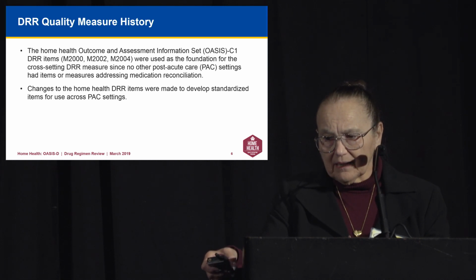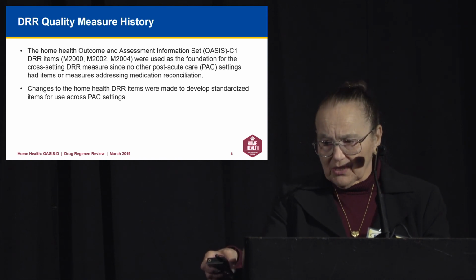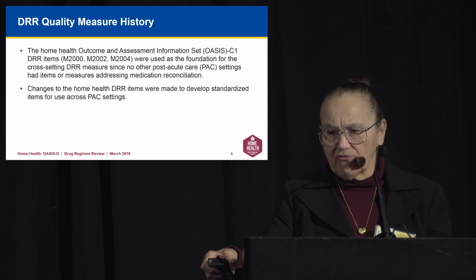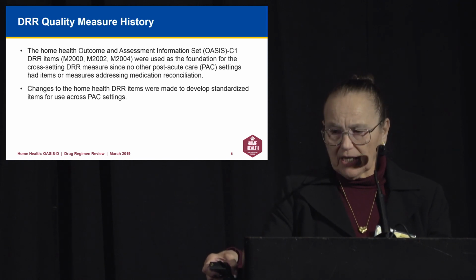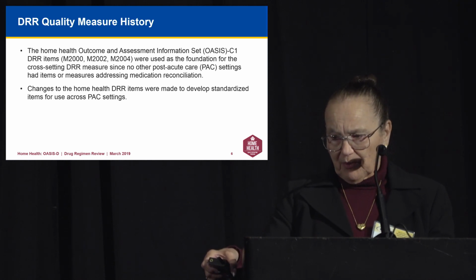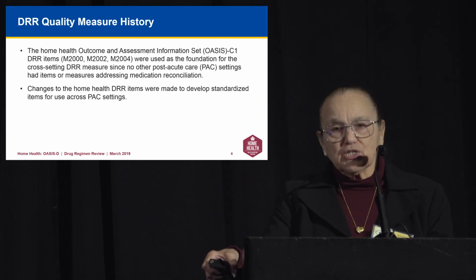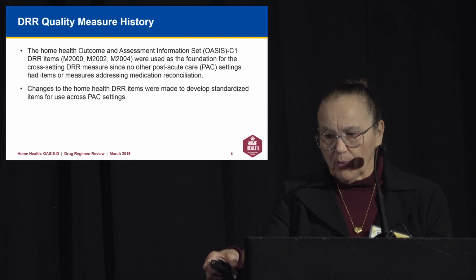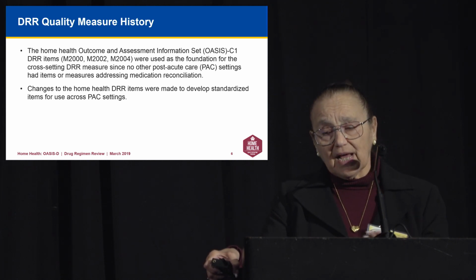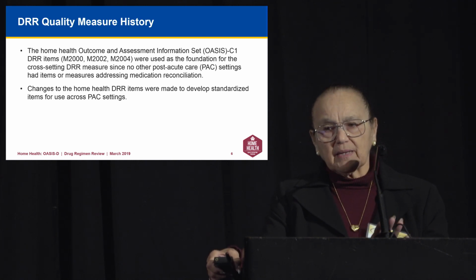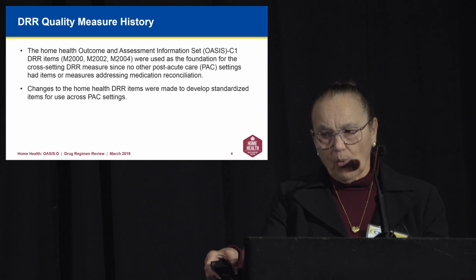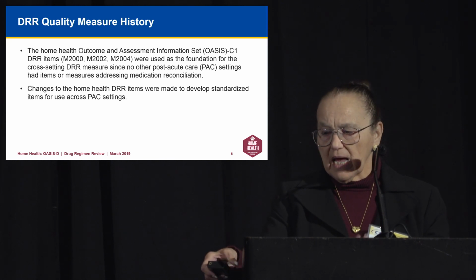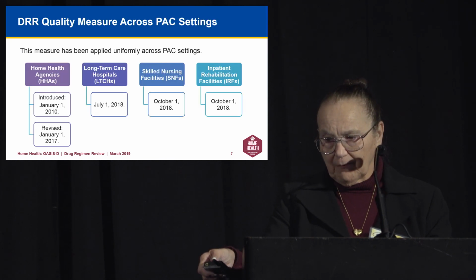The OASIS items 2000, 2002, and 2004 were the foundation items for the drug regimen review measure because none of the other settings had items or measures addressing this. So the changes were made to develop standardized items for use across the settings, and that gave us 2001, 2003, and 2005.